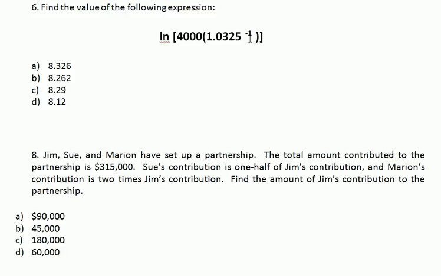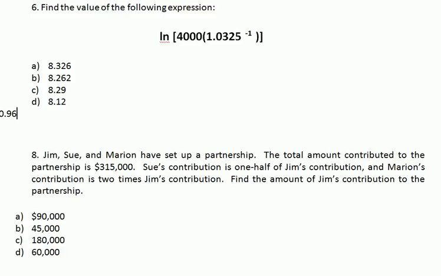So the first operation is 1.0325 to the power of negative 1. So this is exponentiation. What we do is put in 1.0325, now follow along on your calculator, to the 1 over x, or however your calculator says it, and I get 0.96, and then it says 852, and so on.